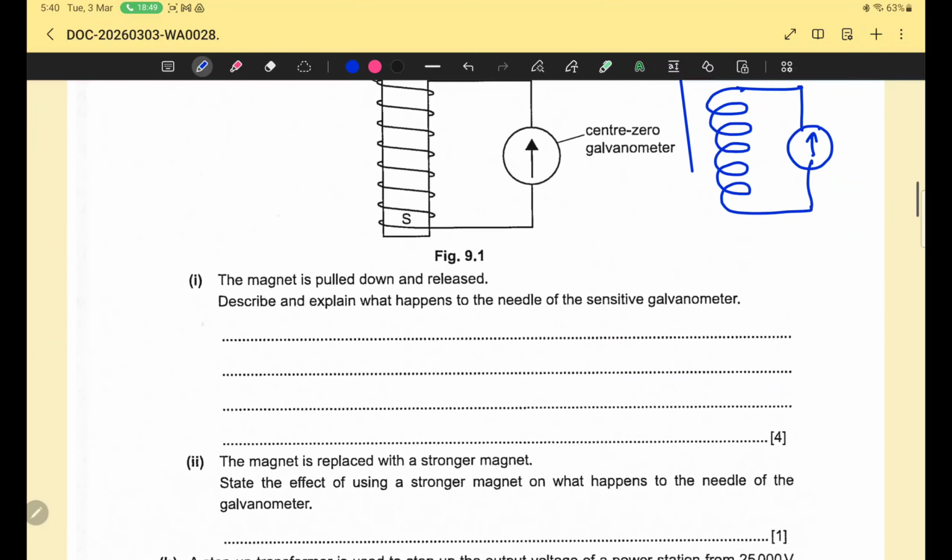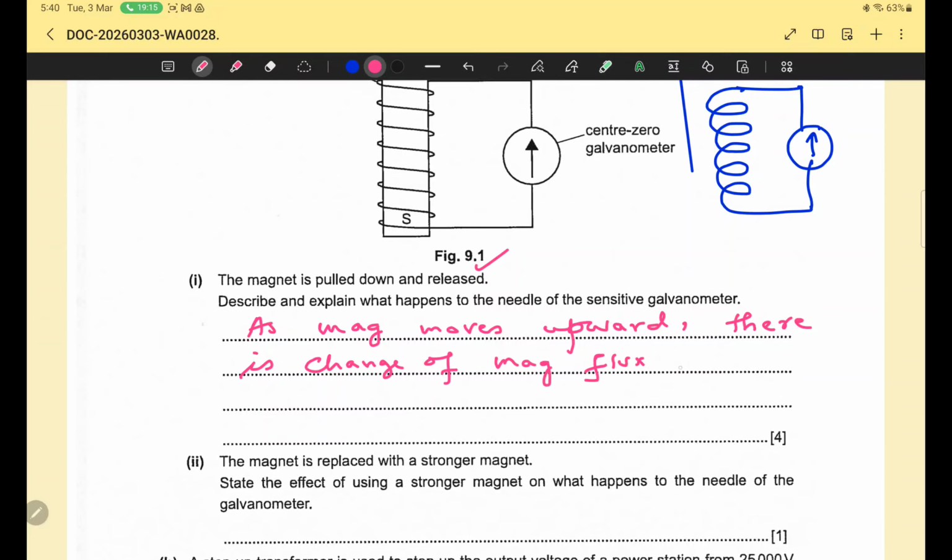So I am writing, as the magnet moves upward, there is a change of magnetic flux through the coil.